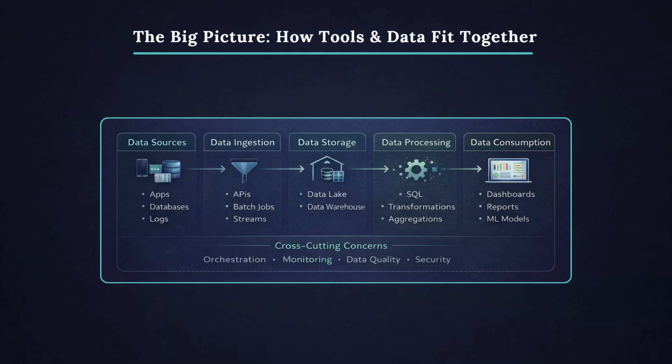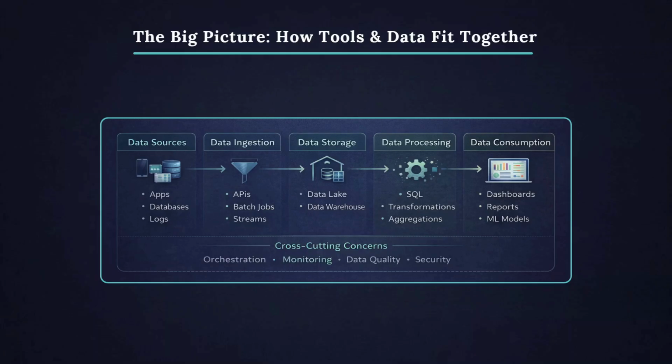Across all of these stages, there are also cross-cutting concerns, and these include orchestration, monitoring, data quality, and security. Orchestration basically means scheduling and coordinating these steps so that they run in the correct order. And one of the popular orchestration tools you might hear about is Airflow.